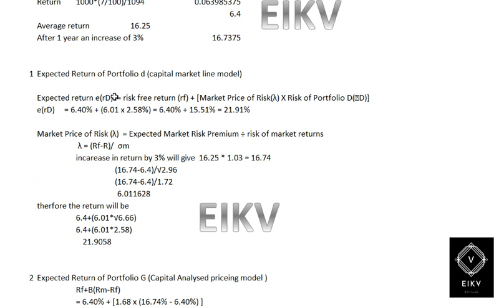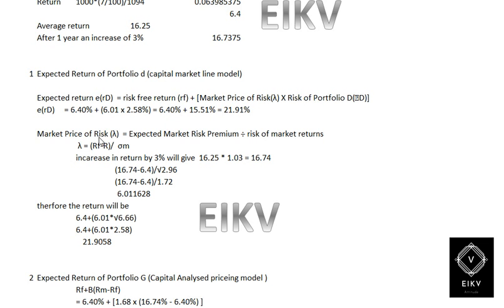So going further, the formula for capital market line would be return equal to risk-free return plus market price of risk, which means lambda into risk of the security or risk of the portfolio. So here it would be 6.4 as the risk-free rate plus 6.01 as the lambda into risk of the security, which would be 2.58%. So the final return would be 21.94.